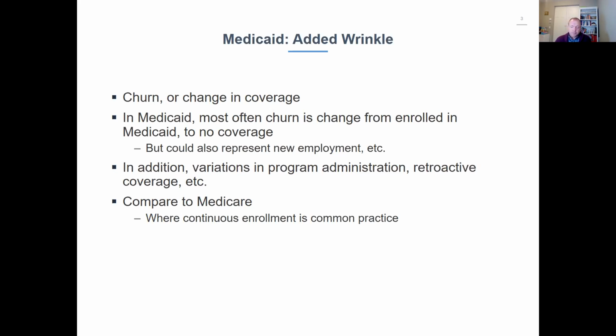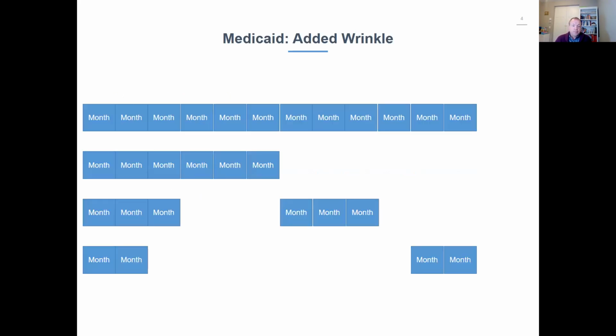The application of a 12-month continuous enrollment period, depending on whether you're dealing with new enrollees or anything in Medicare, a lot of times you don't necessarily lose a lot of people. Continuous enrollment is pretty common in Medicare. So if you compare that case with Medicare to what we see in Medicaid, it just becomes more complex with the existence of the problem, and again, what kinds of things we try to do about it.